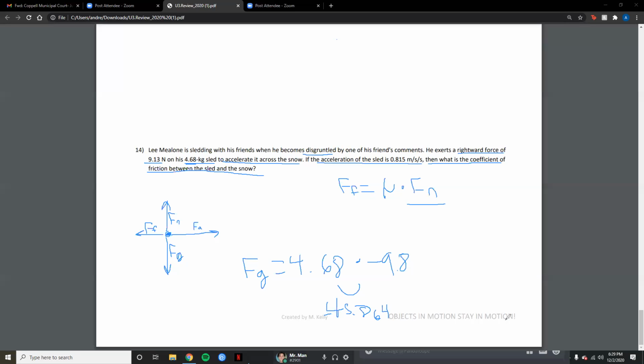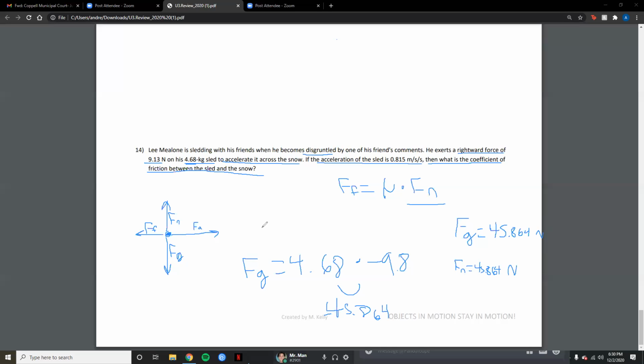I'm sorry if y'all can't read that. And then F of n, F of g equals 45.864. So F of n equals 45.864. I tried to do that pretty nicely. It didn't work out.